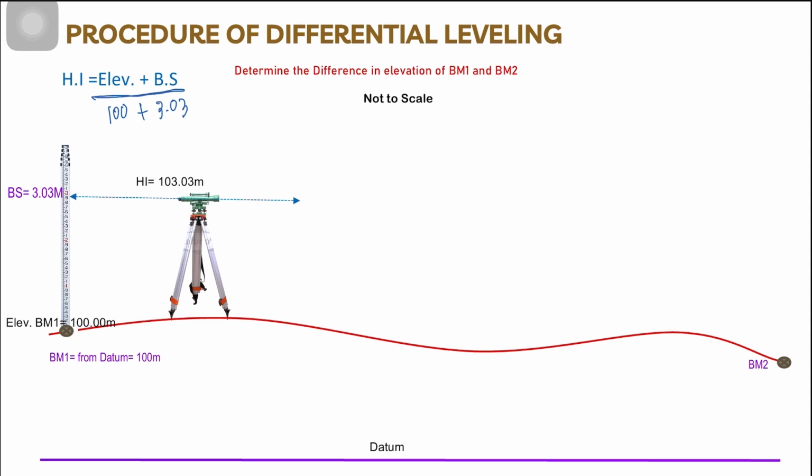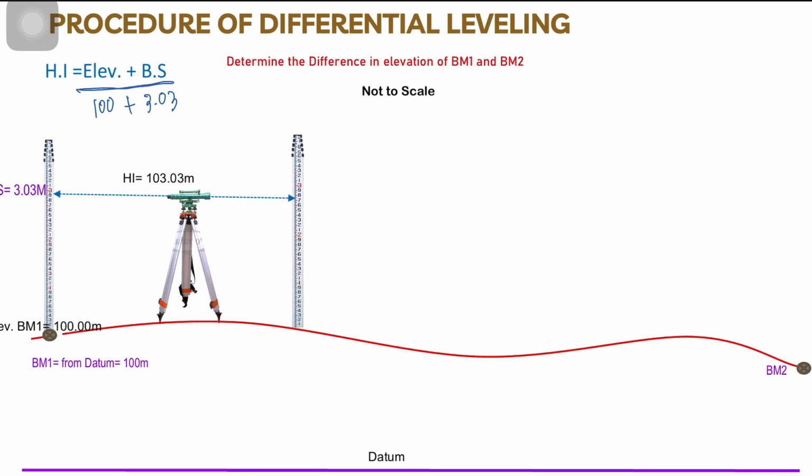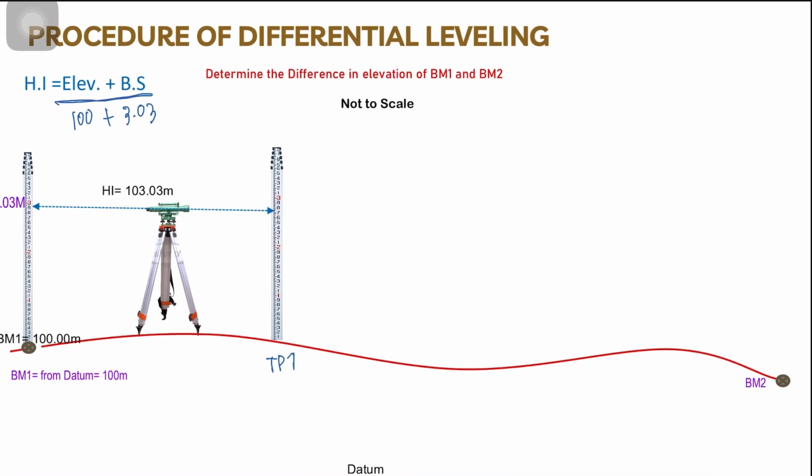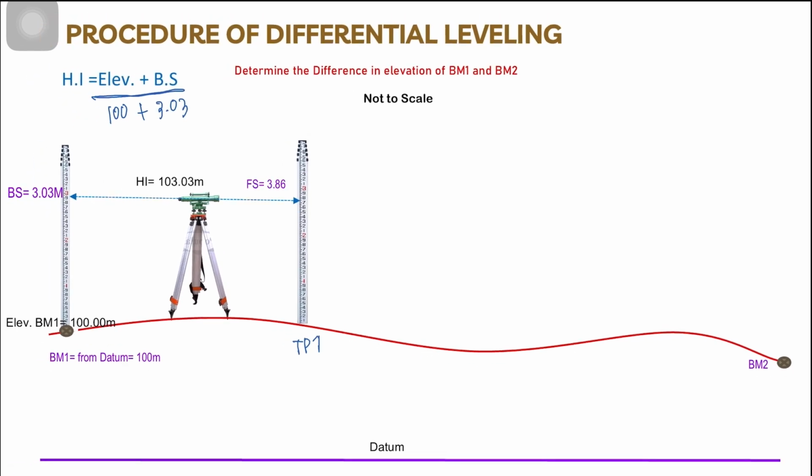Then since BM2 is far from BM1, you'll establish your turning point 1, then read the foresight equivalent to 3.86 meters.